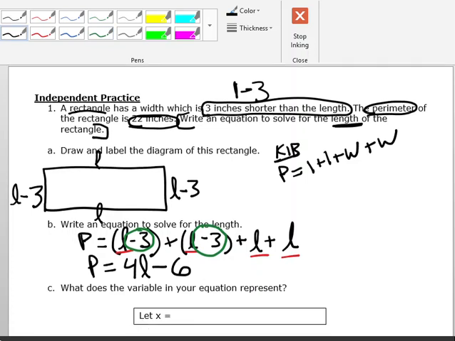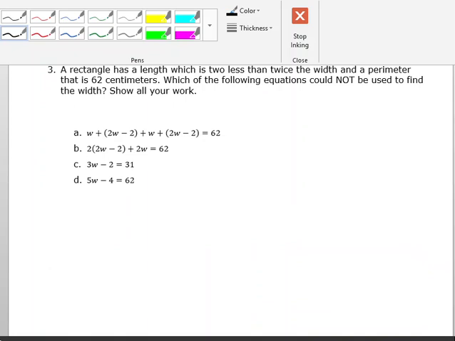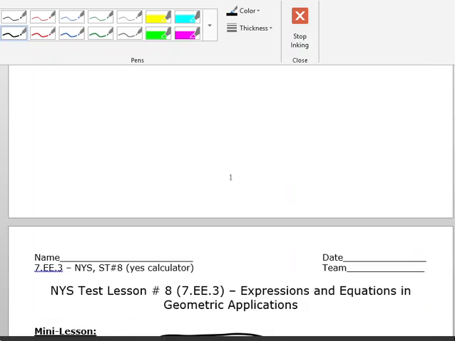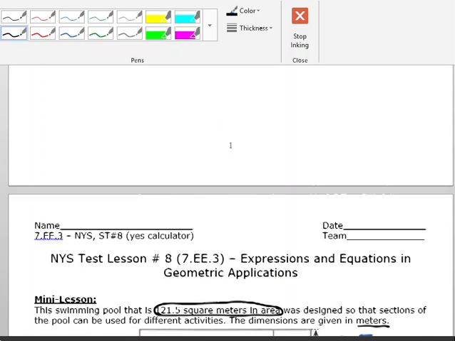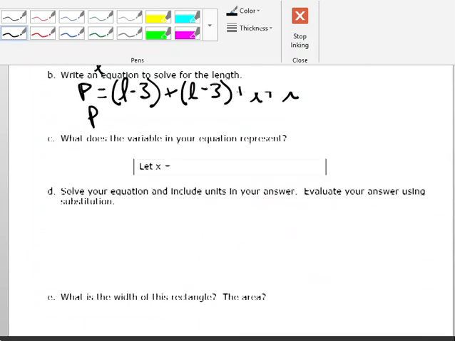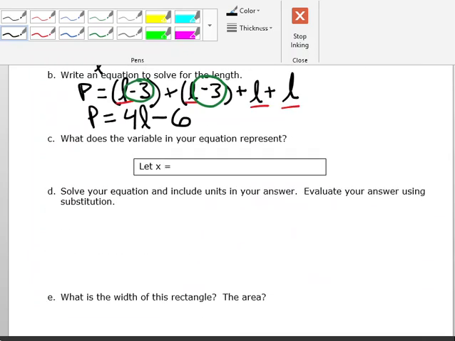So what does the variable in your equation represent?